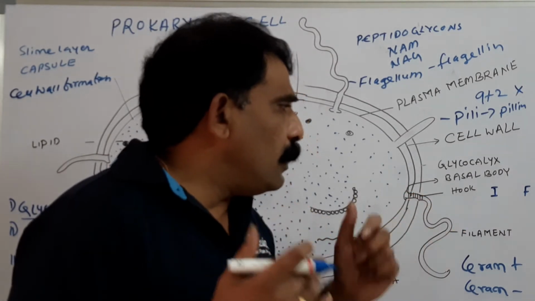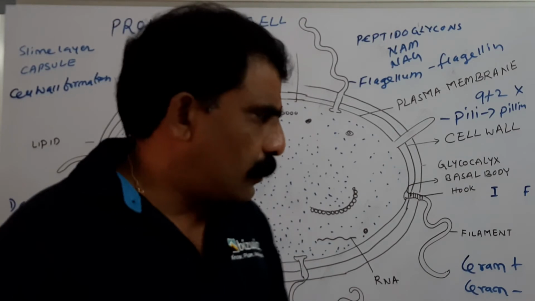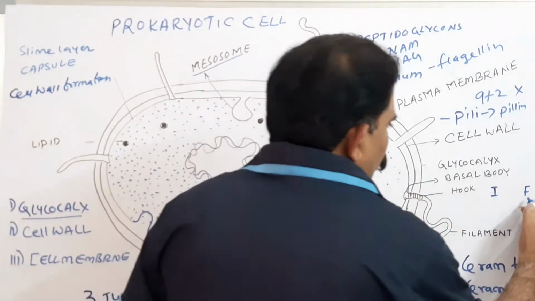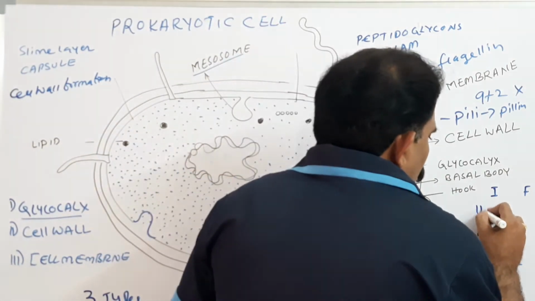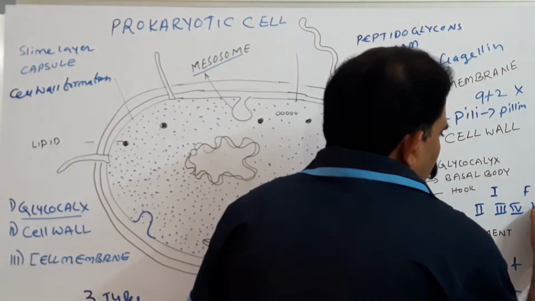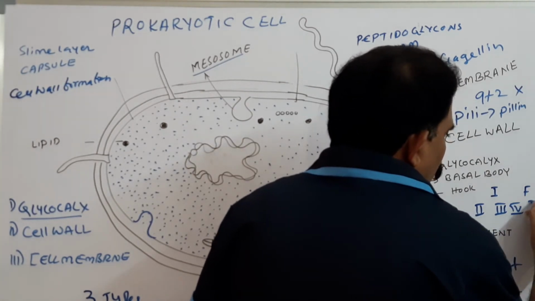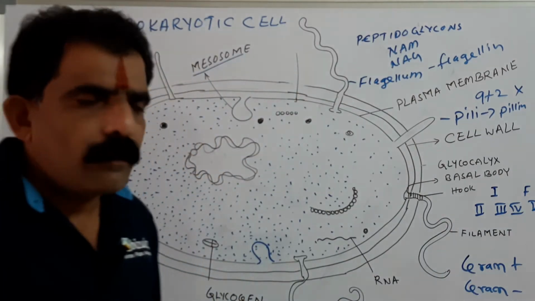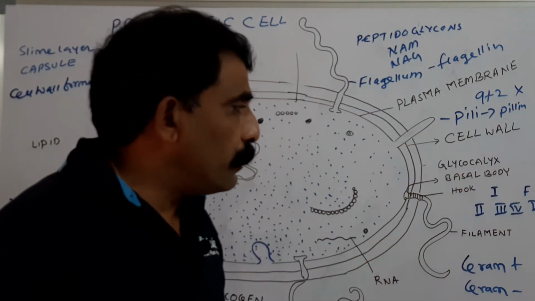So the pili involved in sexual reproduction or conjugation are called F pili. There are 8 types of pili present, from 1 to 8, where F is the 8th.